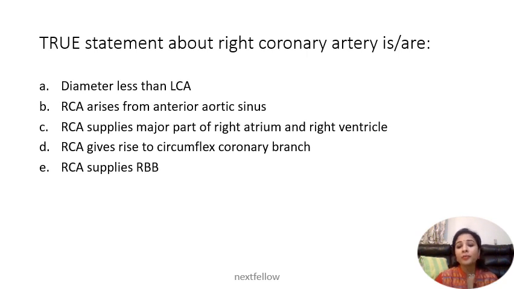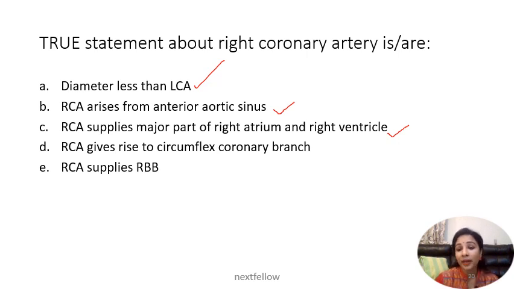We know that the major part of the myocardium is supplied by the left coronary artery, so obviously the diameter of the right should be less. So this is a true statement. Then the right coronary artery arises from the anterior aortic sinus. We know that is true. And it supplies a major part of the right atrium and right ventricle.